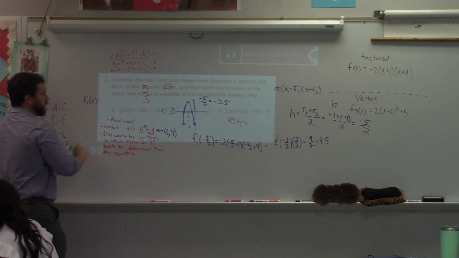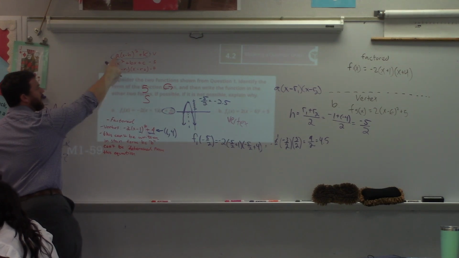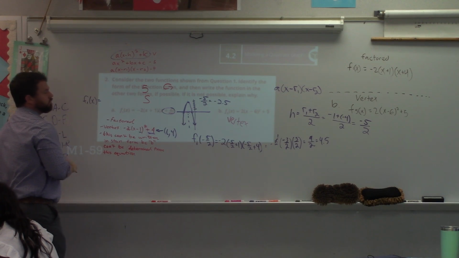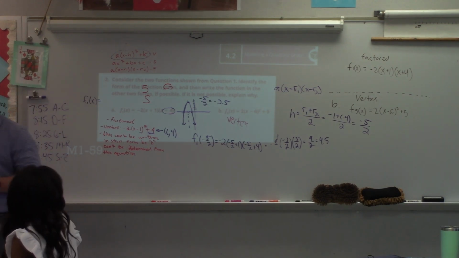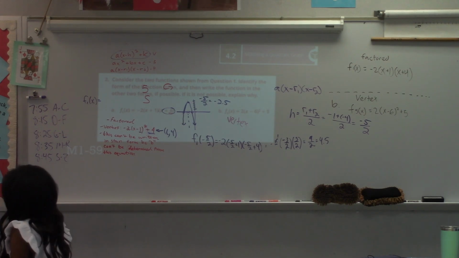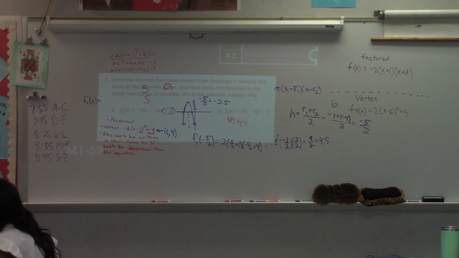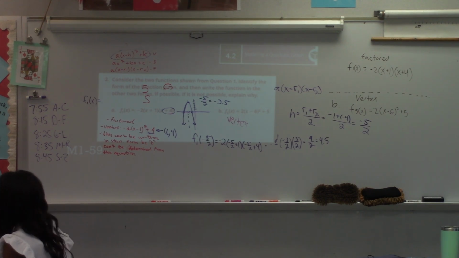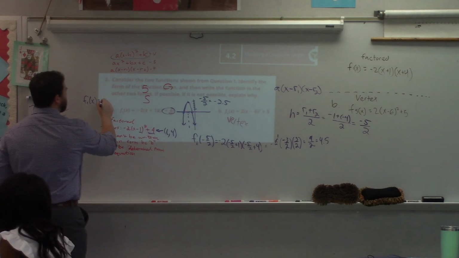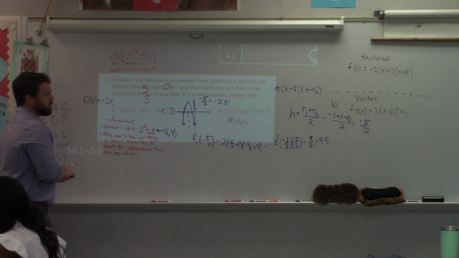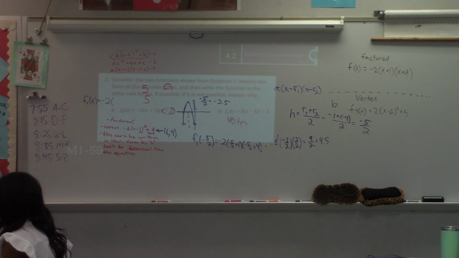If I'm doing vertex form, what's my a for vertex form? -2. What's my h? -5 divided by 2.